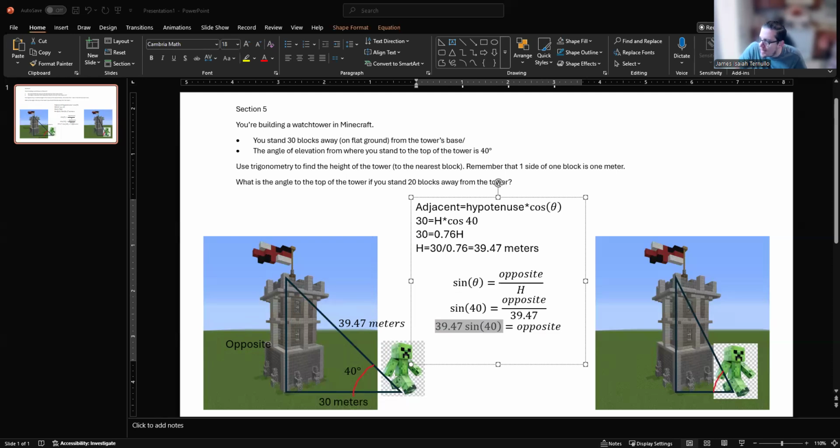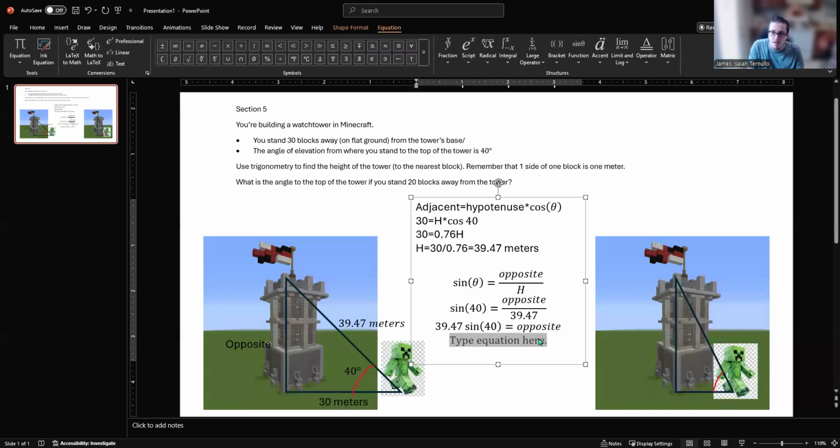we are going to find that the height is about 25.4 meters, or it would be approximately 26 or 25 blocks.